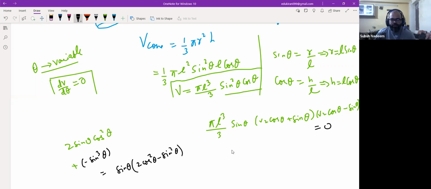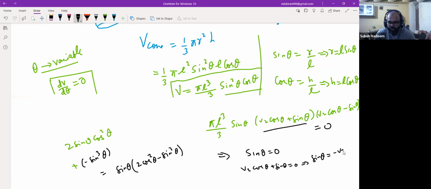Equate it to 0. So what will you get? Sine theta is 0. Another one: root 2 cos theta plus sine theta is 0, so sine theta is equal to minus root 2 cos theta, which means tan theta is equal to minus root 2.